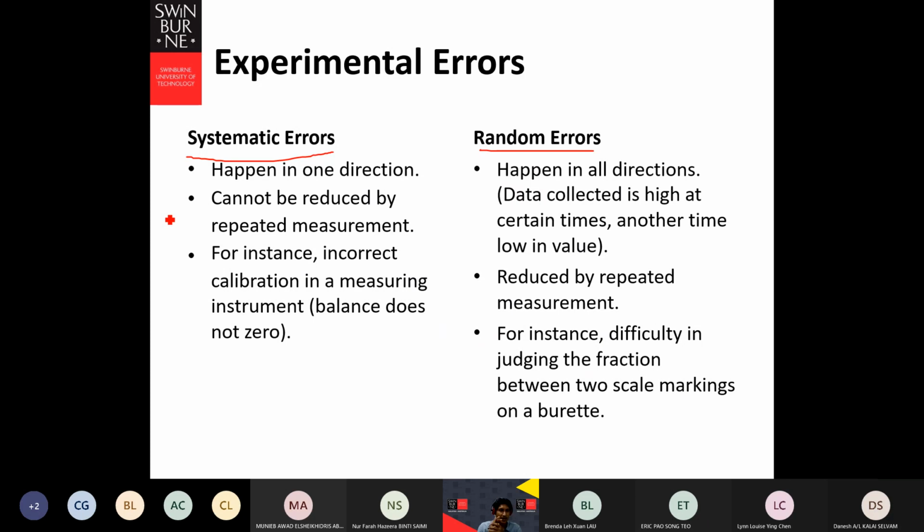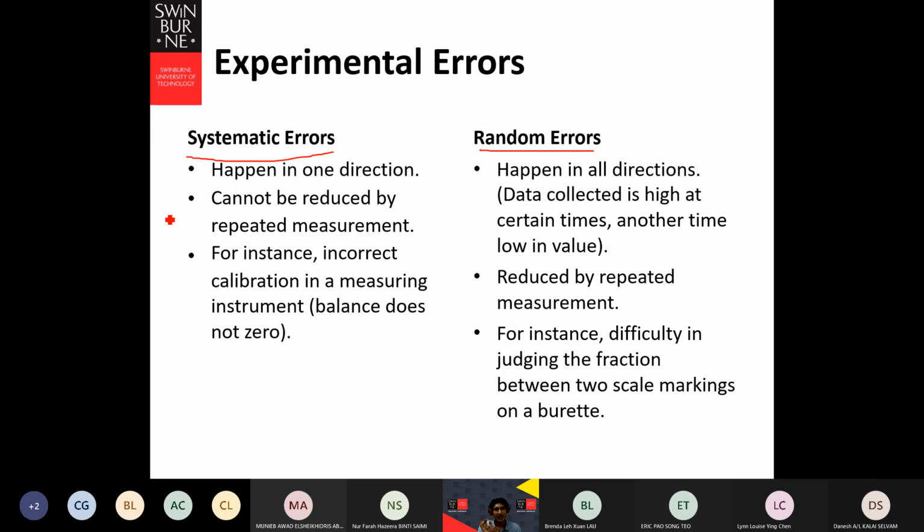It happens in one direction all the time, and we cannot reduce it by repeating. No matter how many times you repeat it, it will always show the same error, in one direction. That means if we are getting less volume, all the time we will get less volume. If we are getting less mass or weight, all the time we will get less mass.